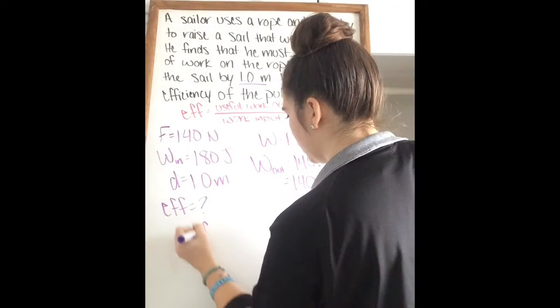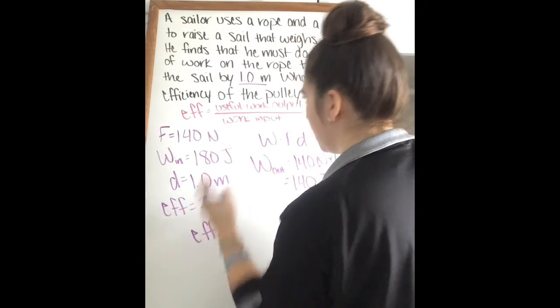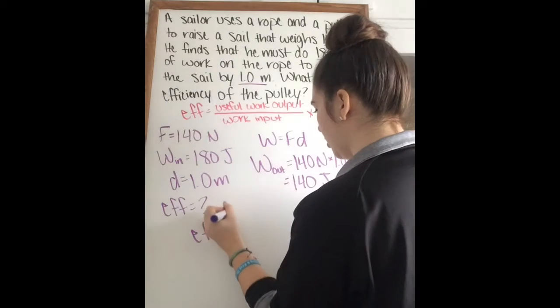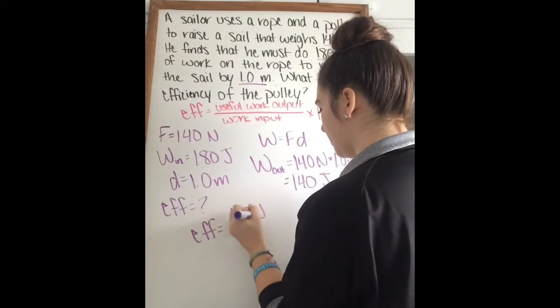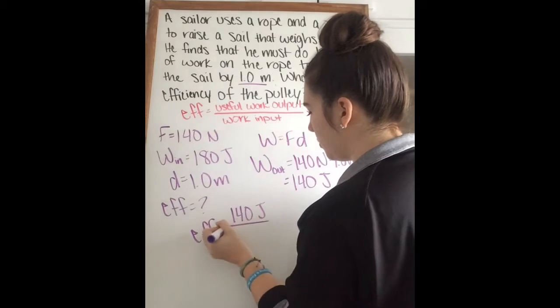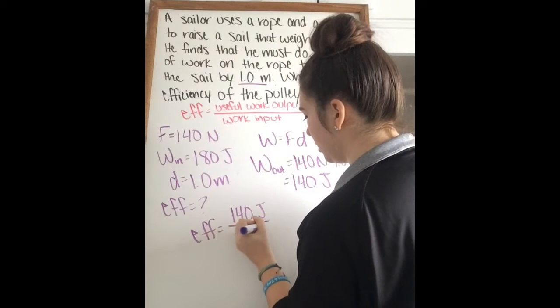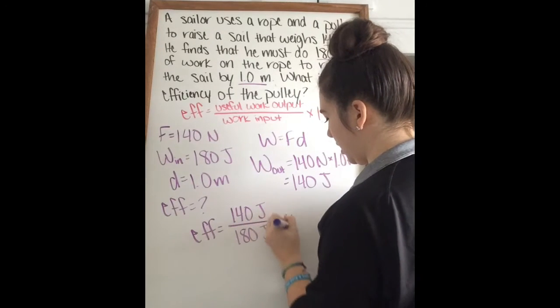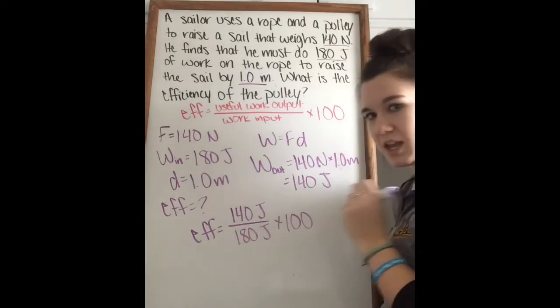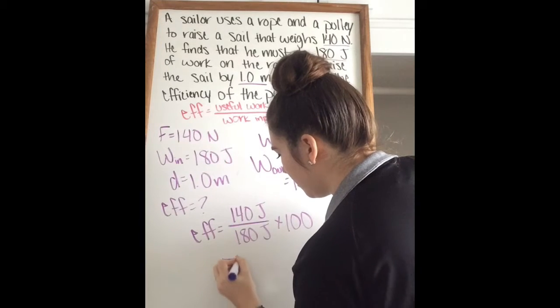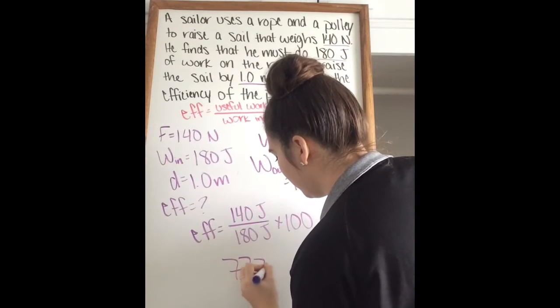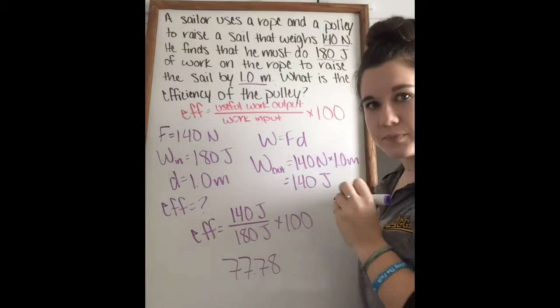So we have efficiency equals our work output, which is 140 joules, over our work input, which is 180 joules, times 100. Okay. And I end up getting 77.77777, so I'm going to round. Okay.